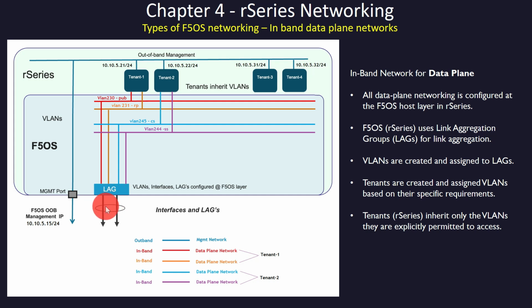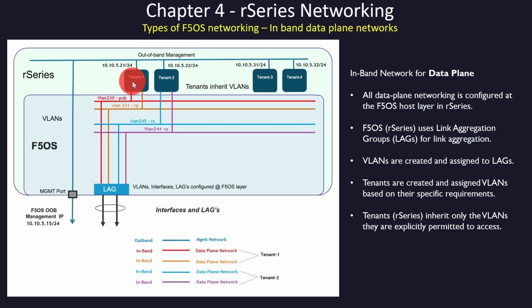VLANs are created and assigned to these LAGs. When the tenants are created, they are assigned VLANs based on their specific requirements. Tenants in rSeries inherit only the VLANs they are explicitly permitted to access.